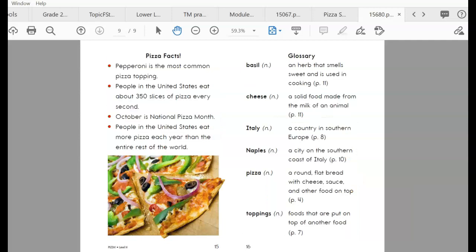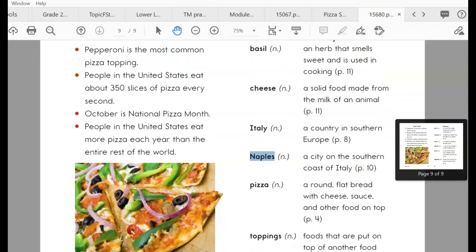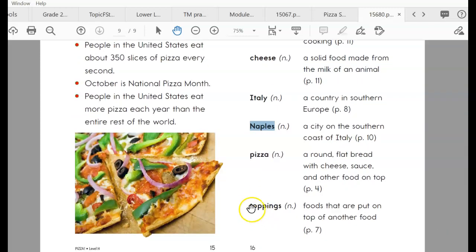And I notice that in the glossary, I can find that these words, Italy, a country in southern Europe, Naples, a city on the southern coast of Italy. I've got all these words and their meanings listed in the glossary. Toppings, foods that are put on top of another food.